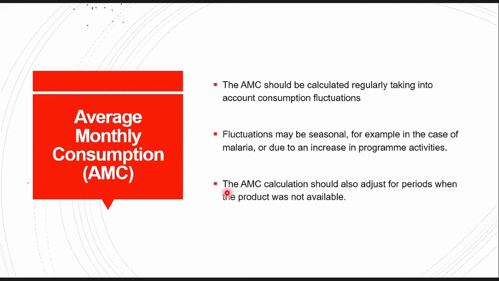So the average monthly consumption has to be calculated regularly. Why? Because consumption fluctuates, for example with antihistamines or asthma medication. In this season we are in, there will be demand for inhalers and antihistamine tablets. The demand is not the same as in other seasons.